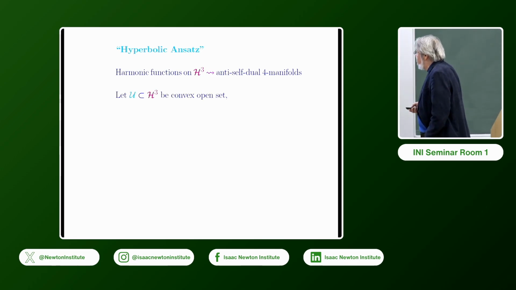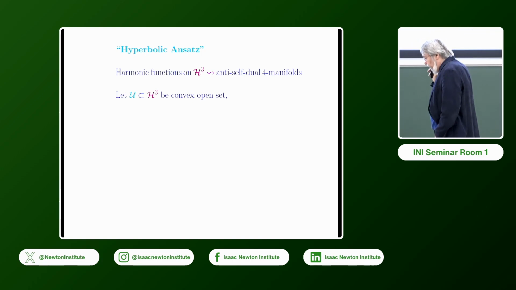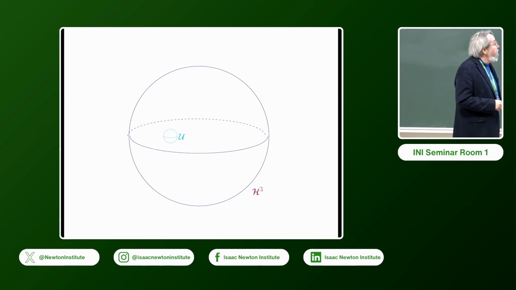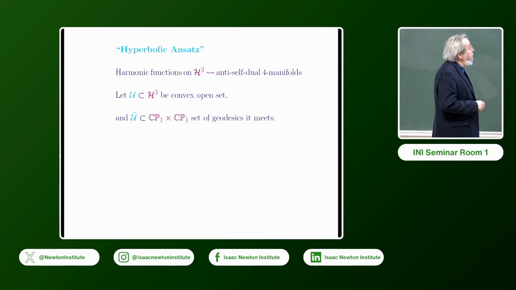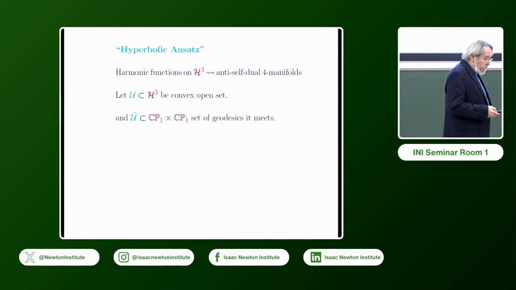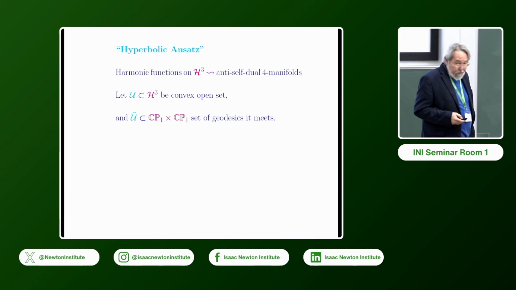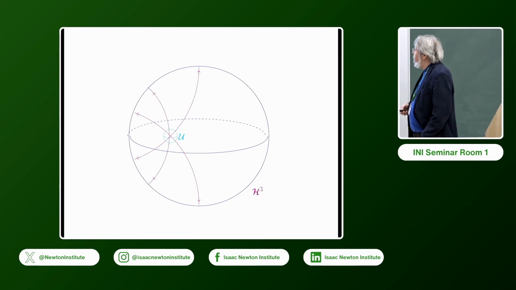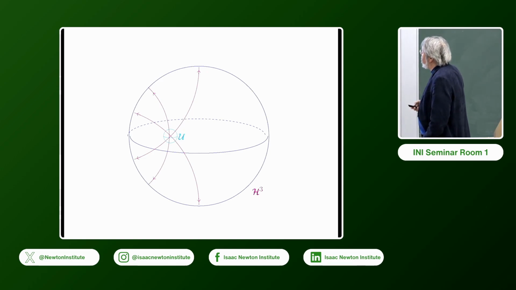So the way this works is, for simplicity, let's just start with a convex open set in hyperbolic 3-space, and then it determines a corresponding region in the mini-twistor space CP1 times CP1, which would be all of the oriented geodesics that meet it.